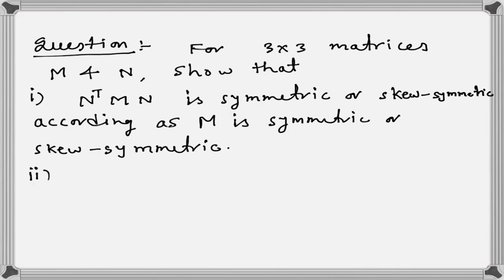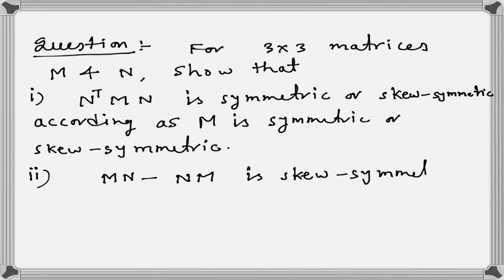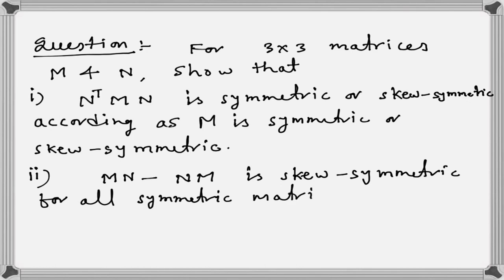Second part is M into N minus N into M is skew symmetric for all symmetric matrices M and N. Okay, so how to solve this problem? Okay, so let's solve it.